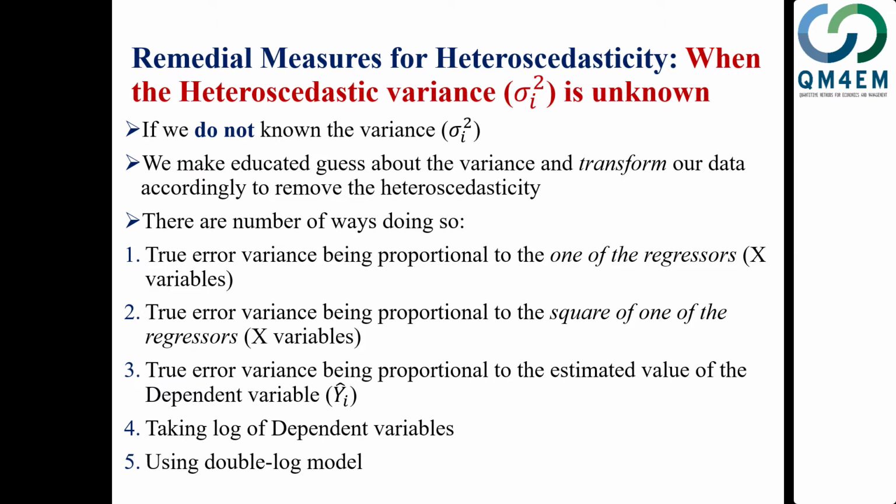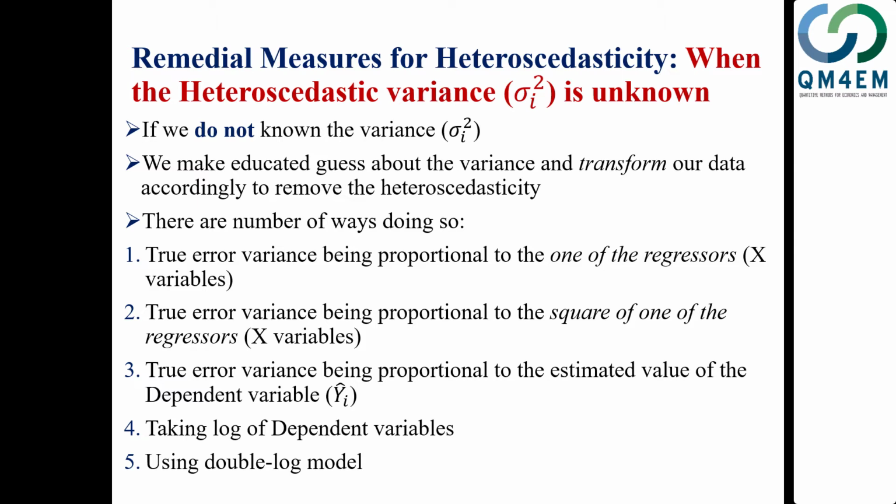In this case, we can use the regressor values or its square value for transforming the original data to homoscedastic variance data, or we can use the predicted value of the dependent variable for the transformation. We can also try the log of the dependent variable or a double log model instead of the original model in order to ensure that our data become homoscedastic.